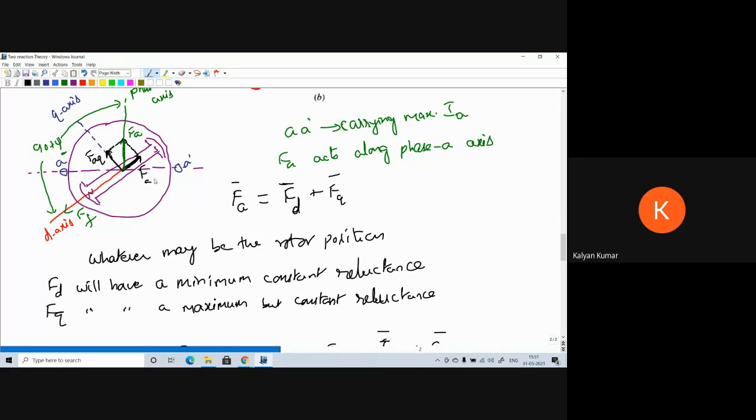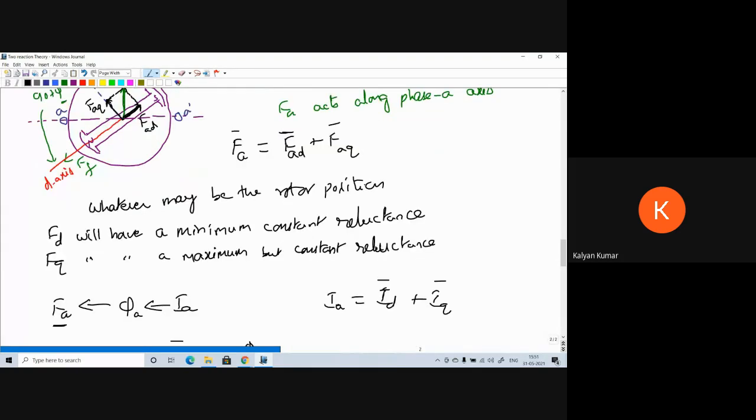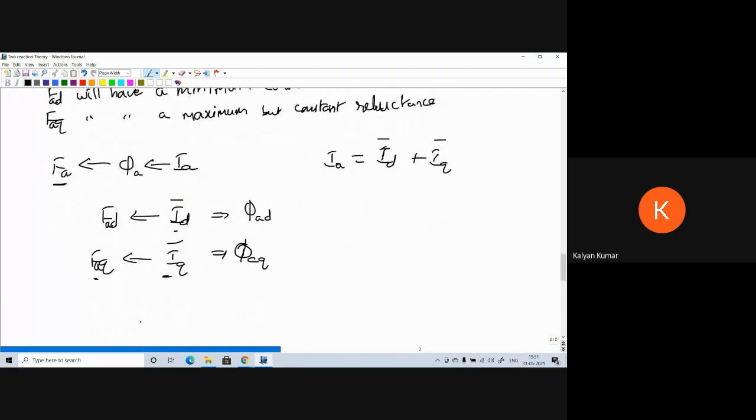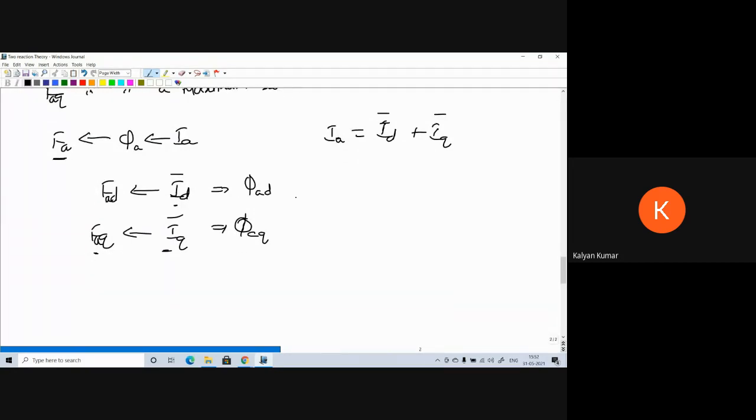Phi aq, phi ad. So armature flux along d axis, armature flux along q axis, armature MMF along direct axis, armature MMF along q axis, FAD, FAQ. Now, you find the ratio of phi AD by phi AQ.